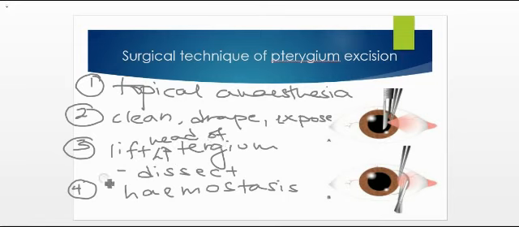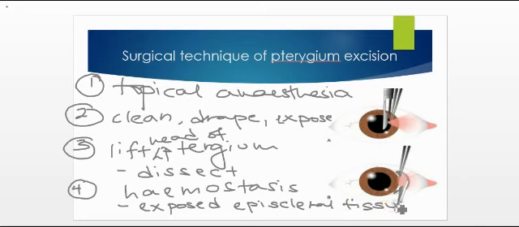Whatever episcleral tissue is here, where I'm coloring that underneath layer, exposed episcleral tissue, is cauterized. Done. So that means you have already removed the pterygium.